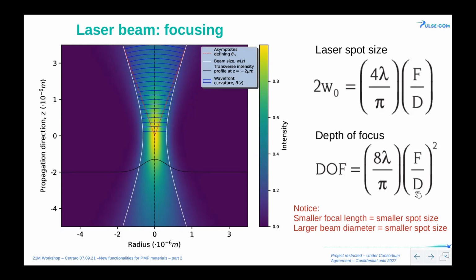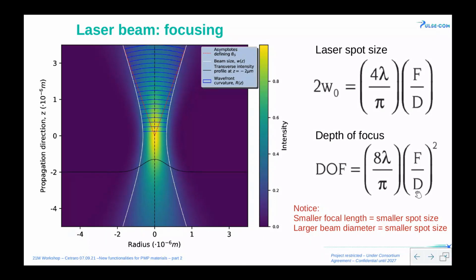However, what's really important is that it's directly proportional to the focal length of the optics and inversely proportional to the diameter of the incident laser beam. So the shorter the focal length, the smaller the laser spot in the focus, and the larger the diameter of the incident beam, the smaller the laser spot at the focal distance as well.